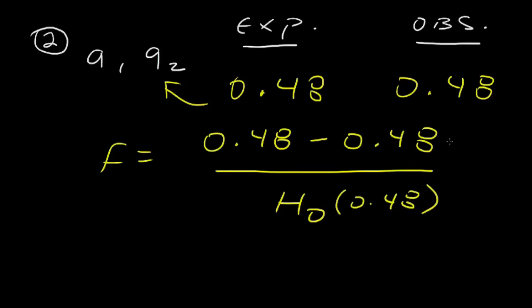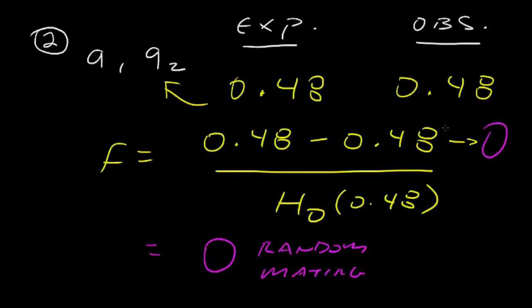That gives us a value of 0 in the numerator, which means that our F statistic in this case ends up being 0. And in this case, we would have random mating.